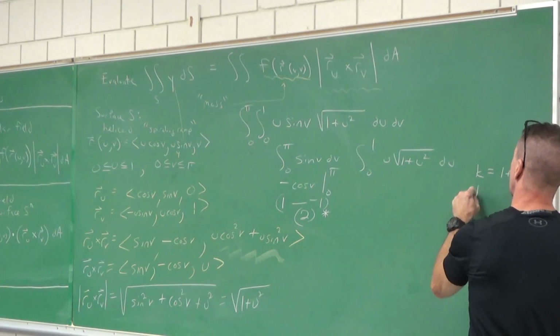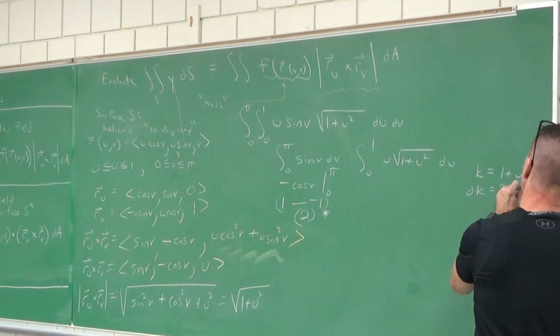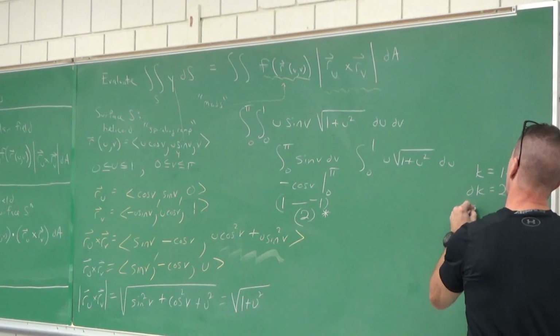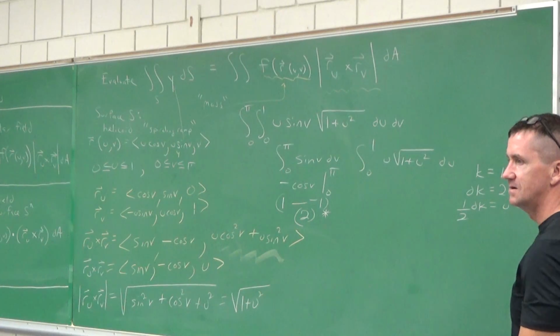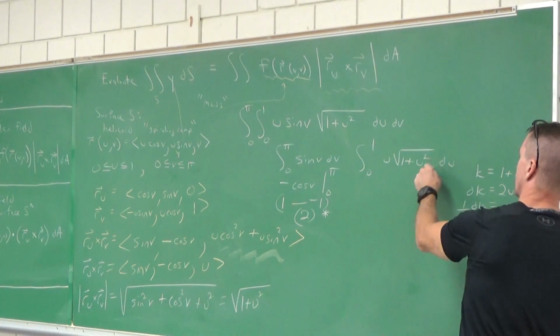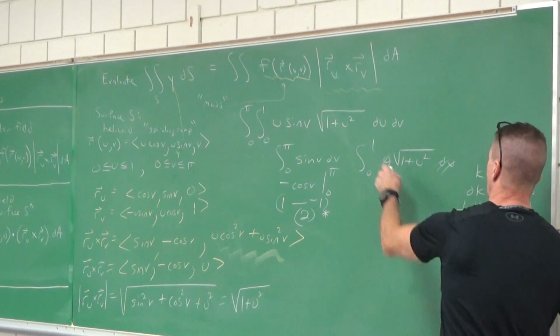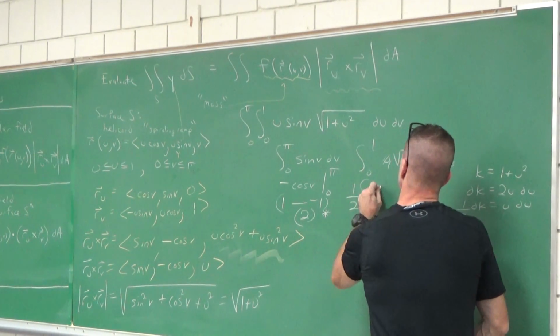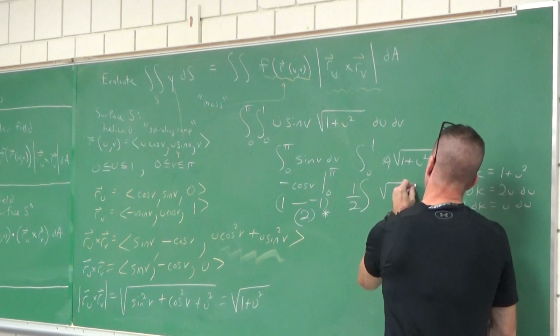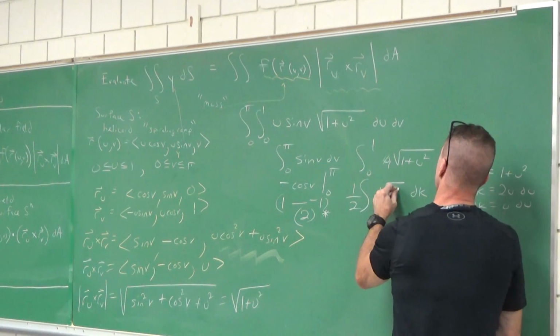So what's dk? 2u du, so what's 1/2 dk? u du, so I can do the integral? Yeah. I'm going to replace that and that with the 1/2 dk. 1/2 in front, square root dk, and just put my k back.